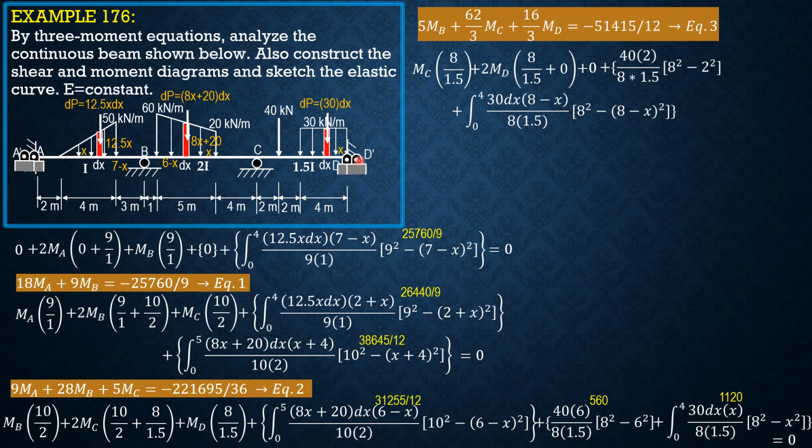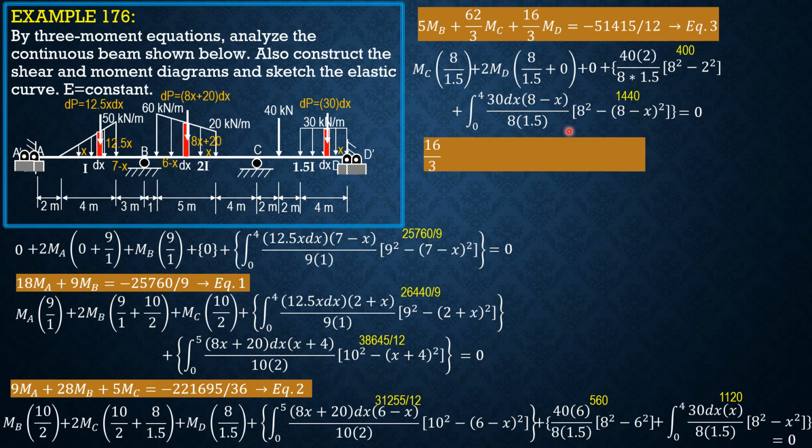Then the value of 6 area 2b over I2 L2 for span DD prime is 0. There's no load. Then equals 0, because the horizontal line through D crosses C and D prime. They are at the same level. Simplifying, the value of this integral is 400, and this is 1440.